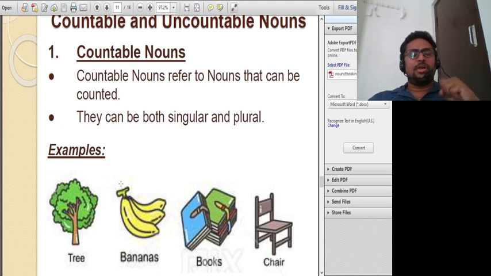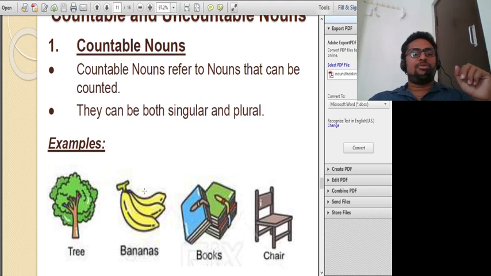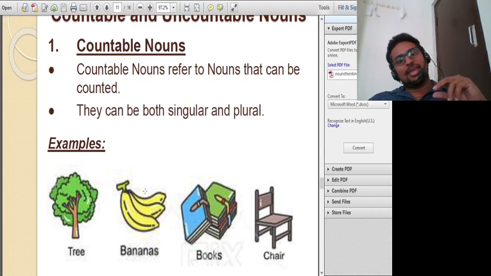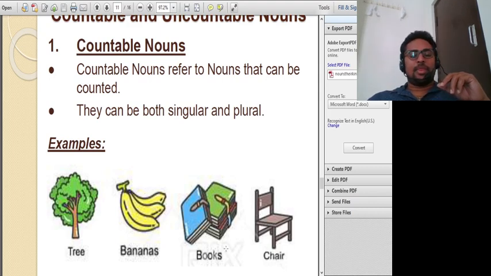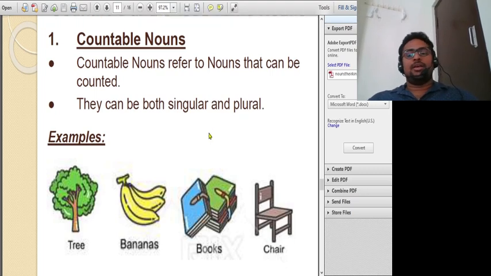With countable nouns, we are able to count them. For example, pen, pens, we are able to count them. Tree, trees. Banana, bananas. For countable nouns, we have a plural form and singular form. Book, books, in the plural form we get S. When it is countable, we get the plural form with S. If it is not countable, we don't get a plural form.